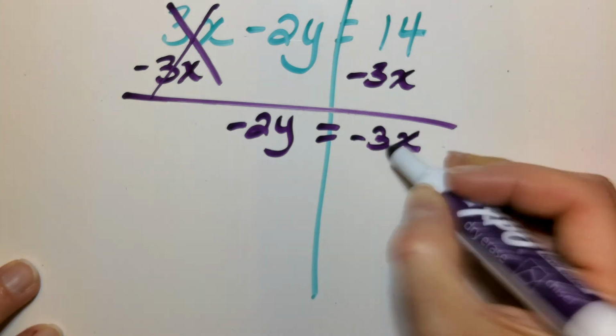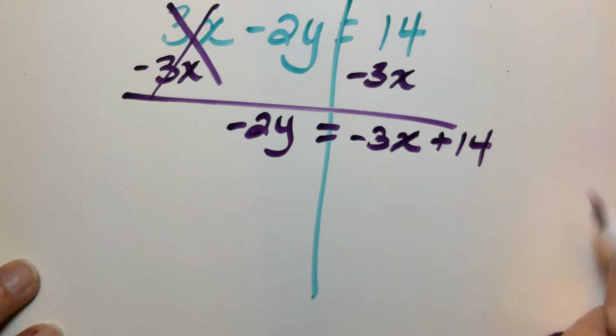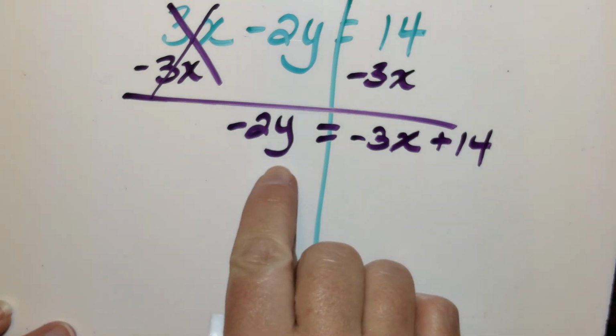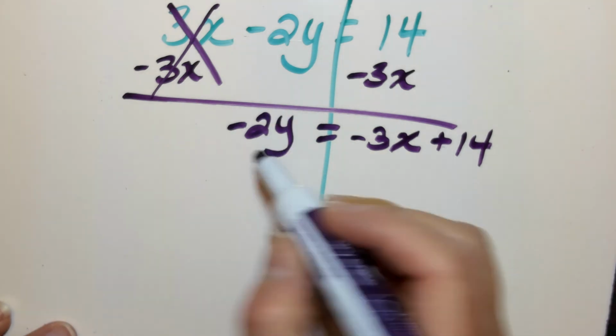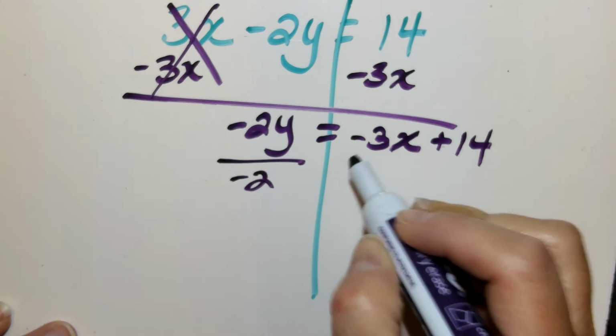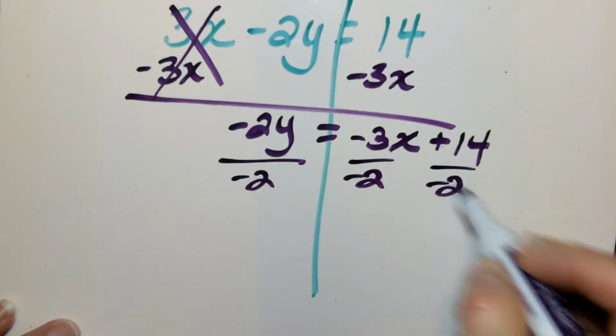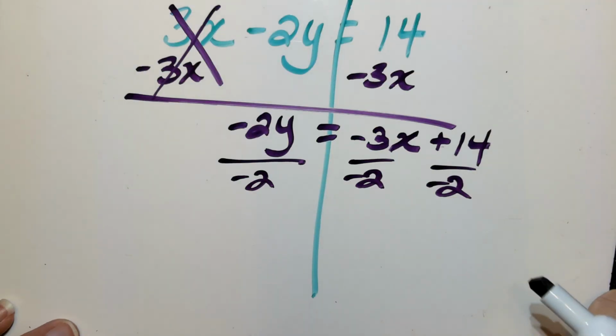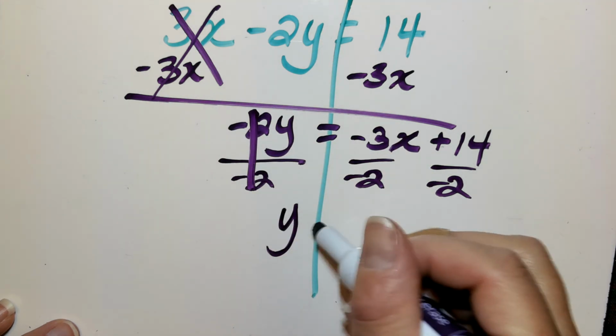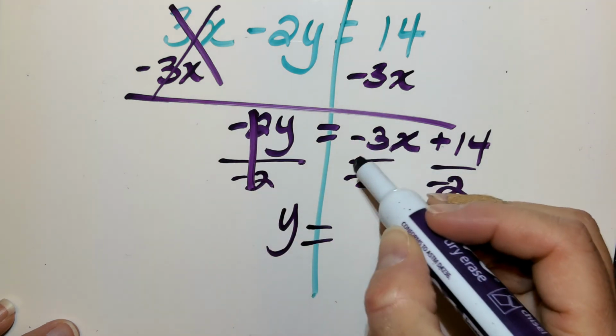Okay, one more where we convert standard form into slope-intercept form. Last one. 3x minus 2y equals 14. Rearrange, rearrange, rearrange, rearrange. We're going to move that 3x by subtracting.